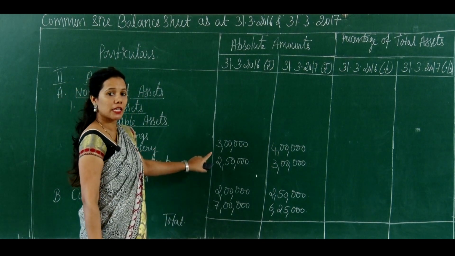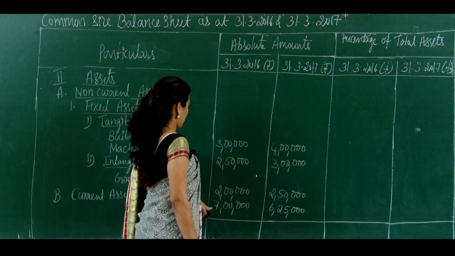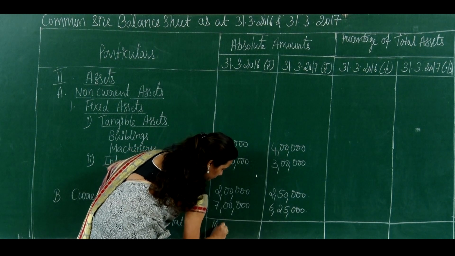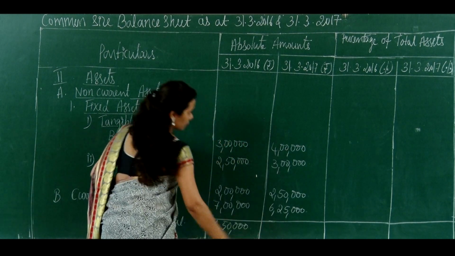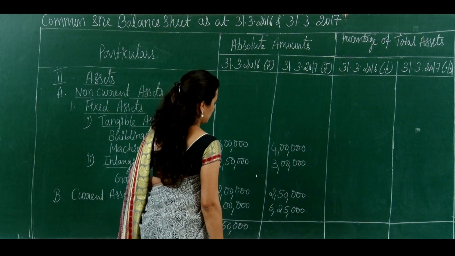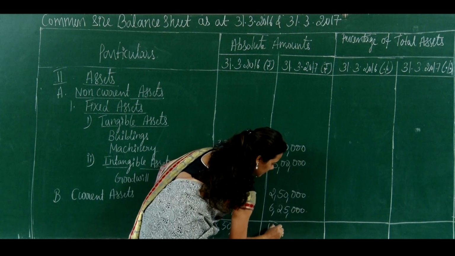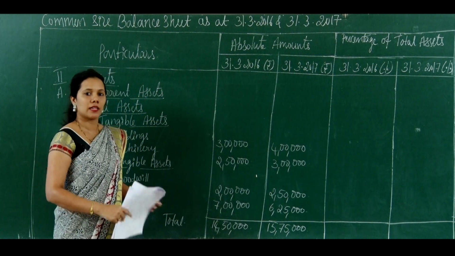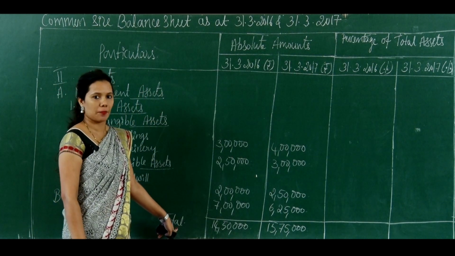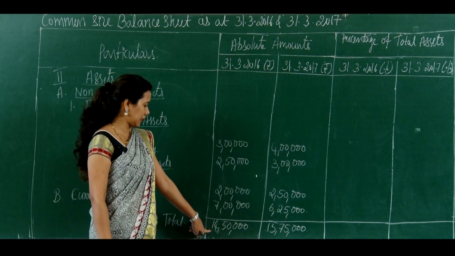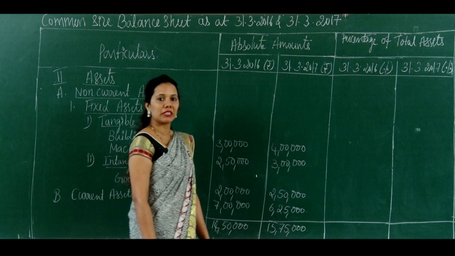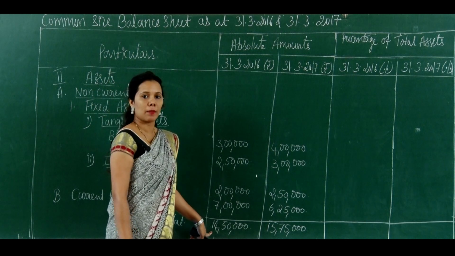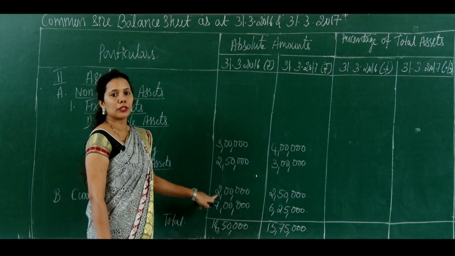First the total 2016 column, it is 14,50,000. And 15,75,000. If you check your total assets and total liability, it is the same. So, total liabilities also: first column 14,50,000 and second column you got 15,75,000. So, total asset is the base. By keeping this amount as a base, now start converting all the amounts into percentage.